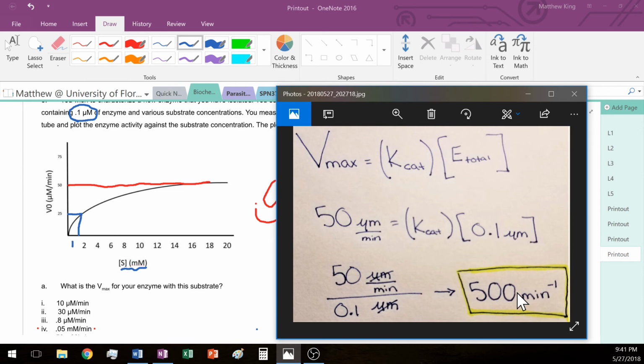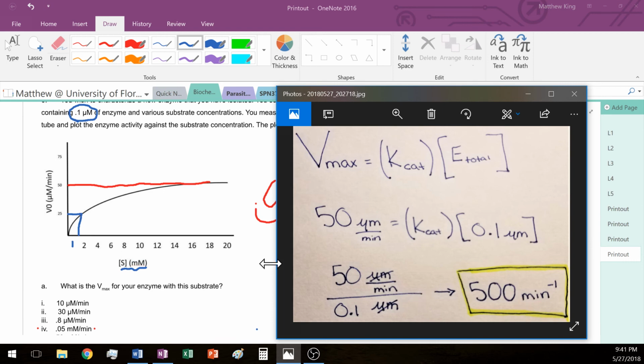Your kcat is 500 efficiency units per minute. The units are kind of arbitrary. It's just 1 over minute. In 1 minute, it's basically saying that you're going to process 500 cycles of enzyme catalysis.